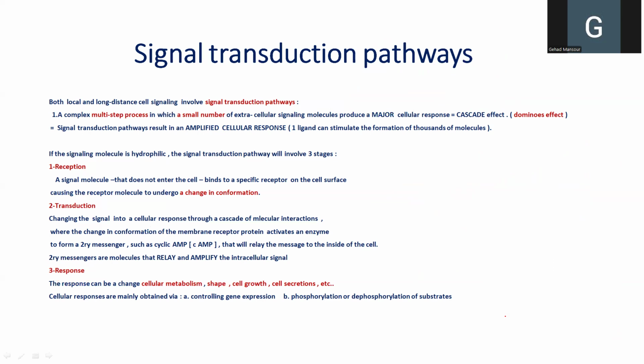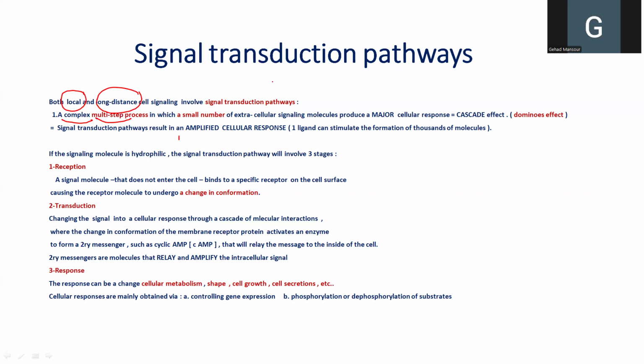So whether you're talking about a local signaling molecule or a remote signaling molecule, they both can activate a signal transduction pathway. So this applies to both local and long distance cell signaling molecules. The signal transduction pathway, as we said, is a complex process. Why is it complex? Because it involves many chemical reactions, and it is a multi-step process.